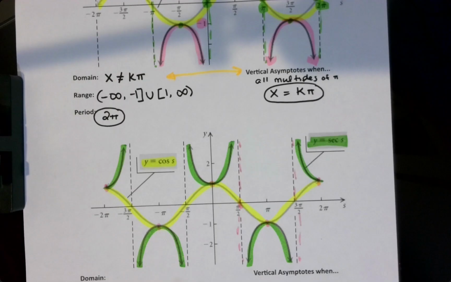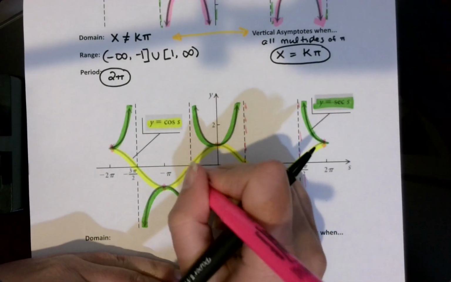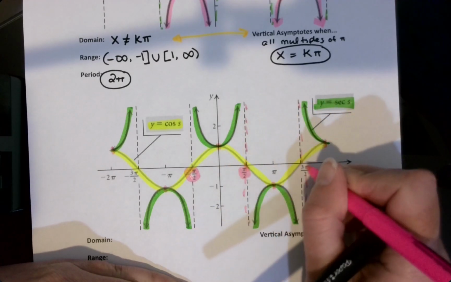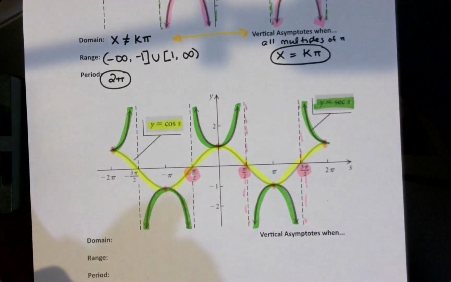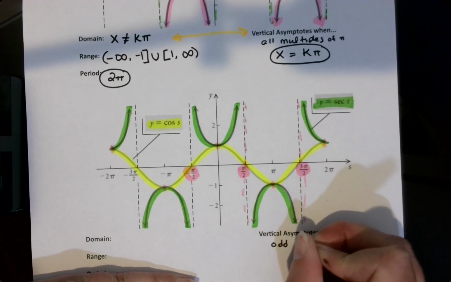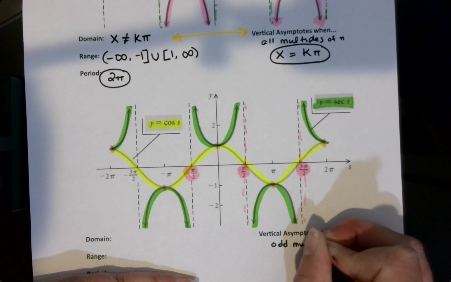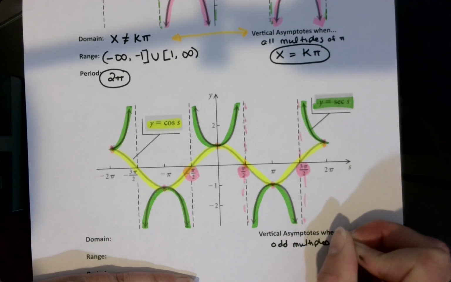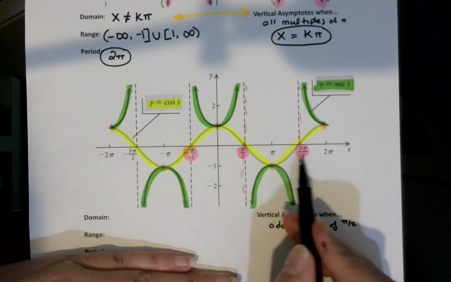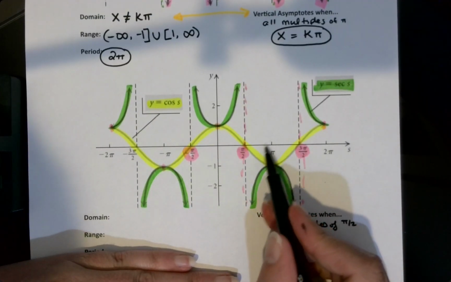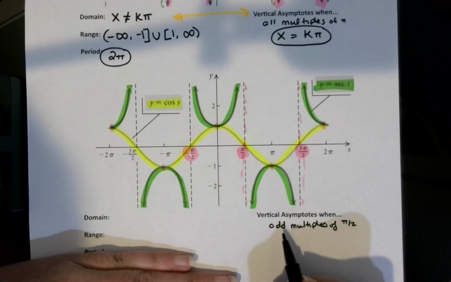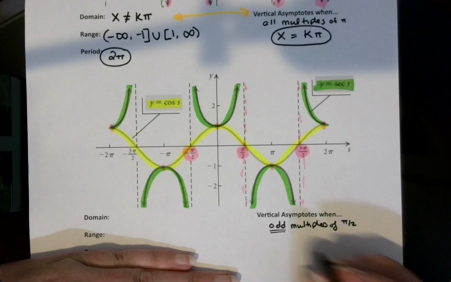Let's talk about where our asymptotes are. There is an asymptote at -pi halves. There's an asymptote at pi halves. There's an asymptote at 3 pi halves. So that seems to be, again, just the odd multiples of pi halves. 1, 3, 5, not 2 pi halves, which would be pi. There's not an asymptote at pi, so I've got to make sure I say just the odd ones.